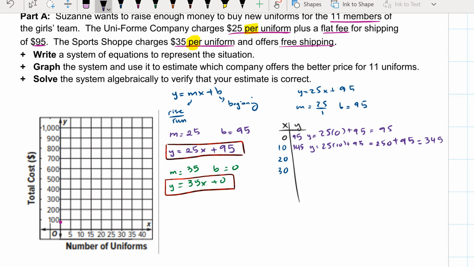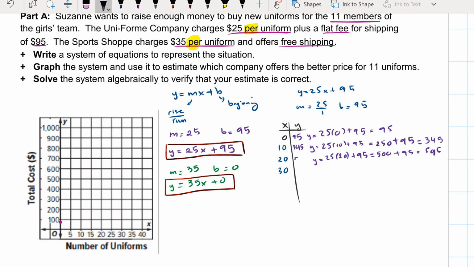You can skip this step faster by using your calculator. Then y equals 25 times 20 plus 95. 25 times 2 is 50, add another 0, so it's 500, plus 95 is 595.